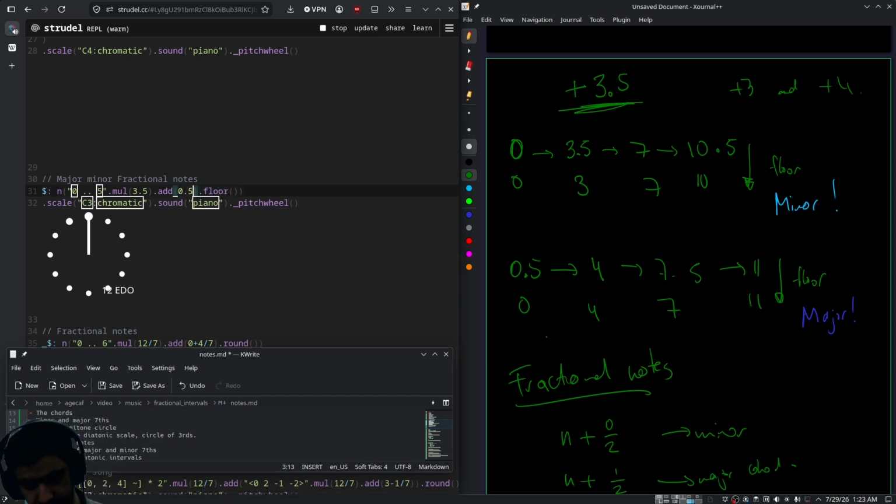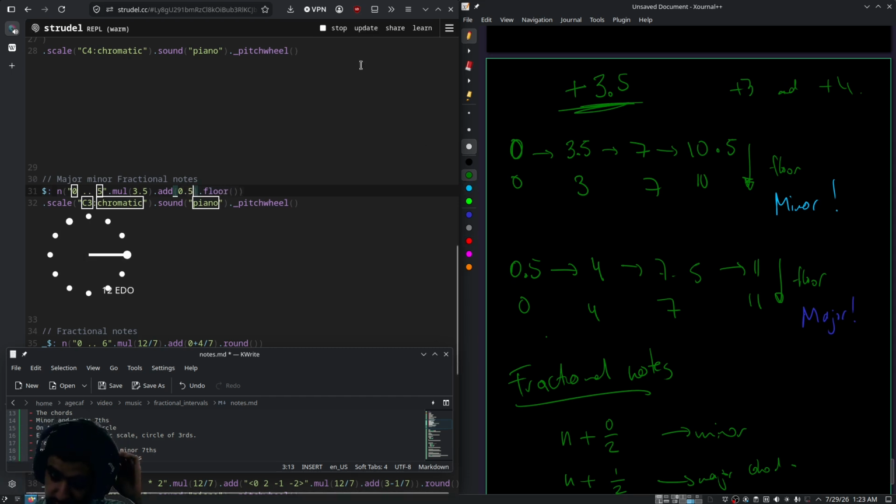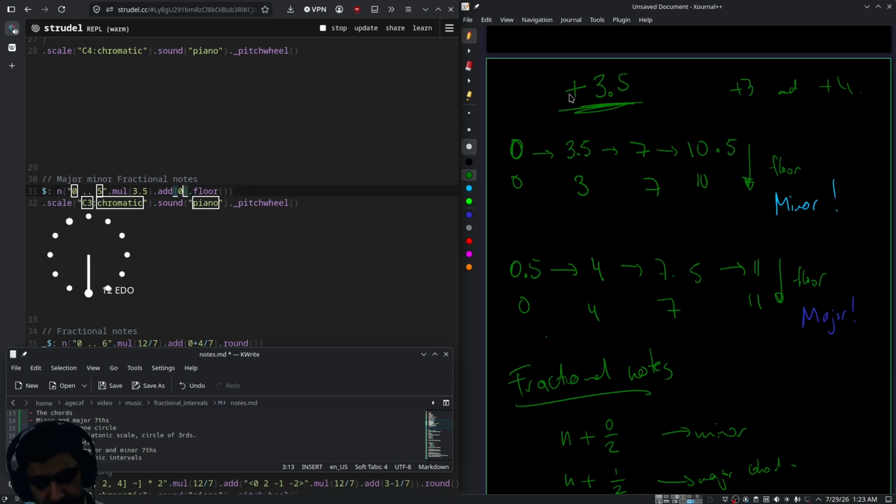But what happens if we go instead to 0.5? That should be our major. And we see that it is indeed our major. But now what if we add 3.5 to that? We should get 4, right?